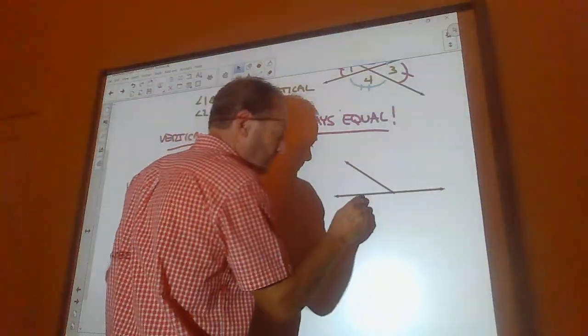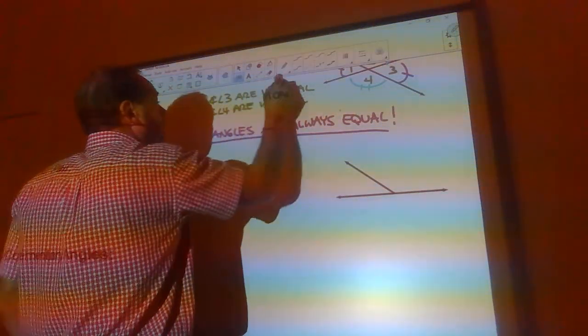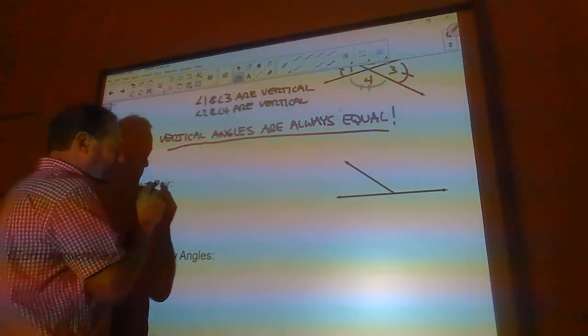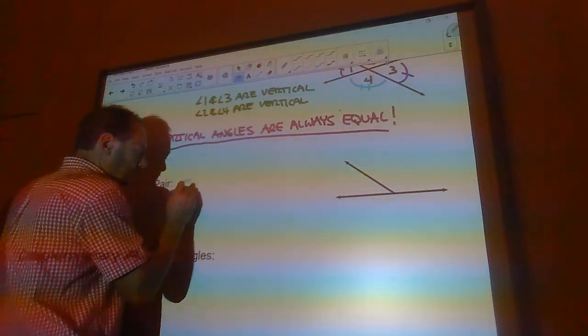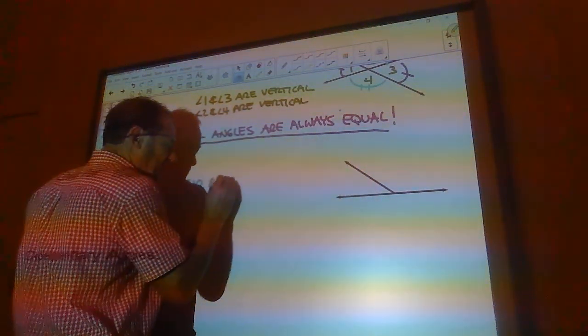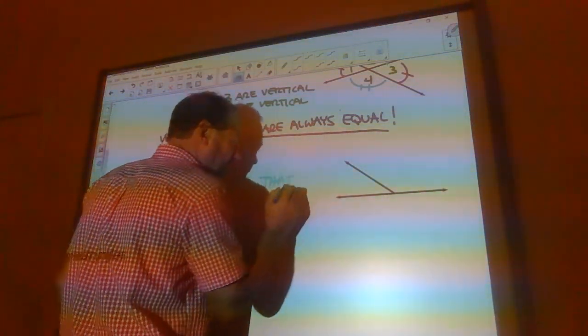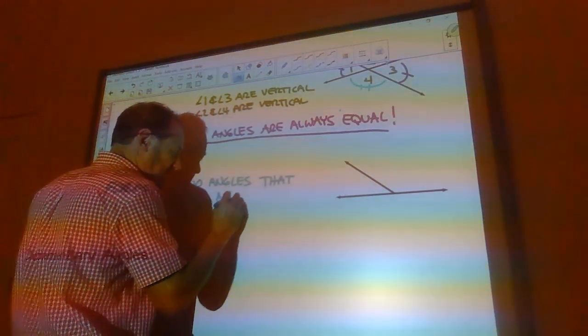Okay. Of course, pair means two. All right, and linear means line. So literally a linear pair is two angles that form a line.